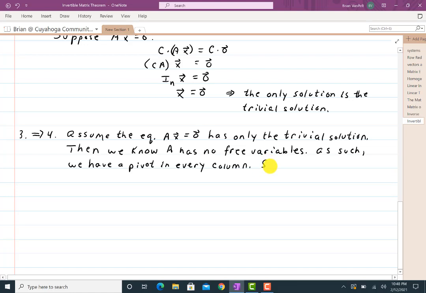Well, since we have n columns, we have n pivot positions. All right, now we just proved 4. Let's assume that A has n pivot positions.